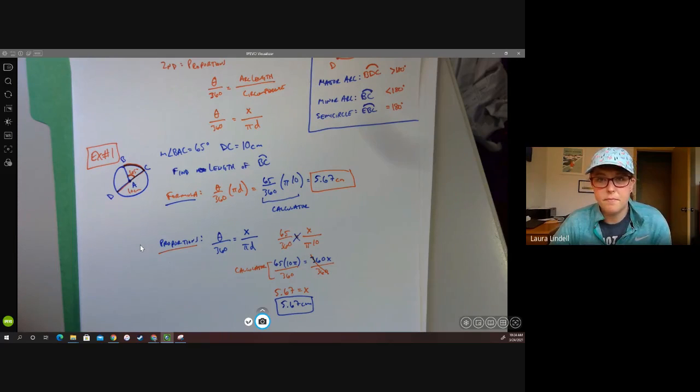What are we feeling? Or any questions about either of these? Any numbers we're not sure where they came from or anything like that? Okay. So any preference, formula way, proportion way, what are we feeling?